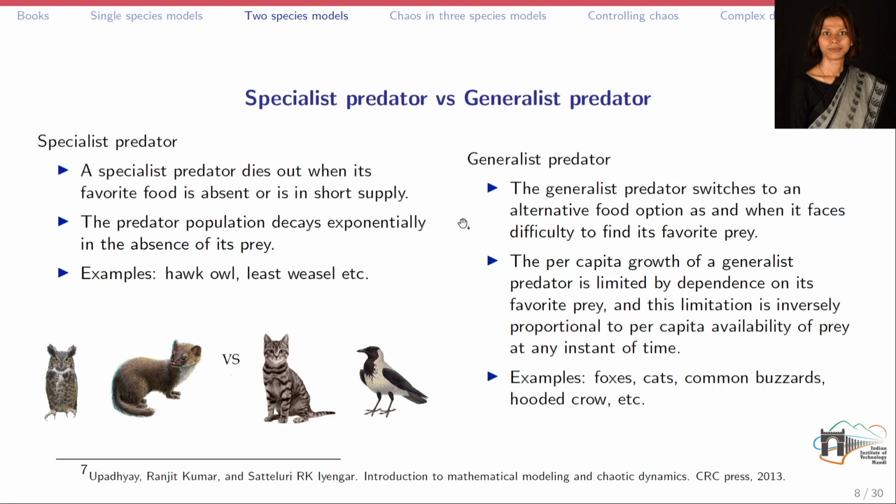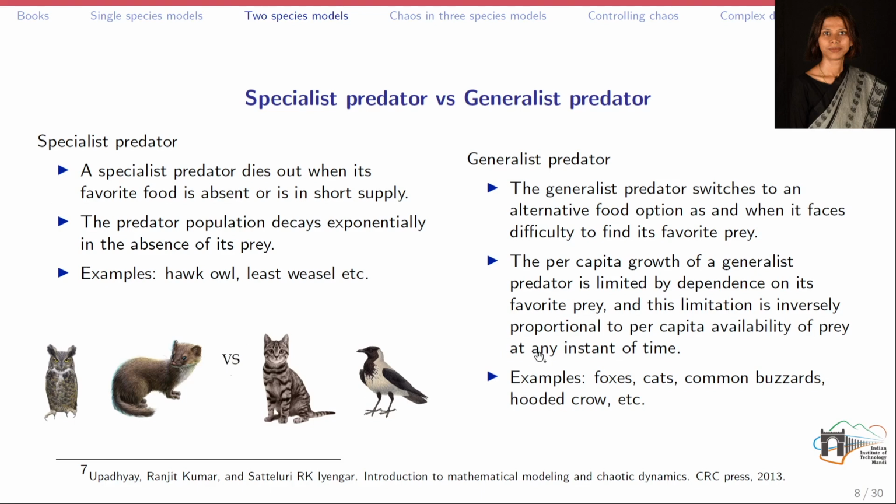Hence sustaining of the population happens. That is not the case with the specialist predator, which dies out whenever its favorite food is absent. Mathematically, there is an exponential decay of specialist predators whenever their favorite food is absent.